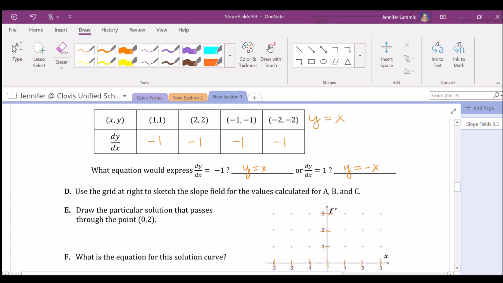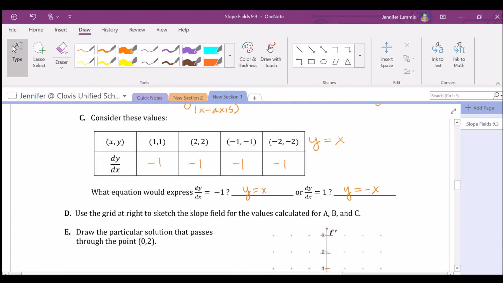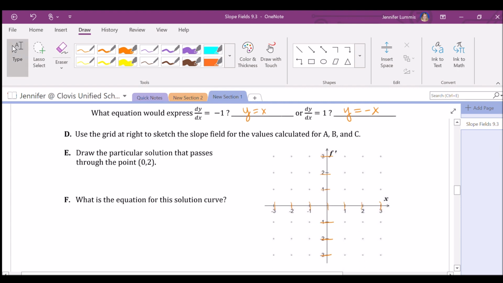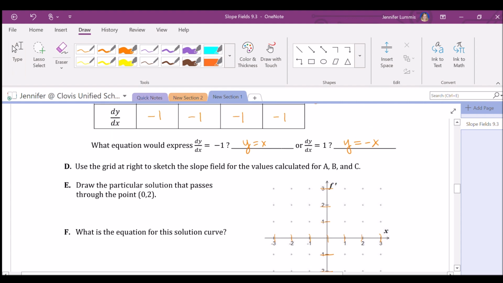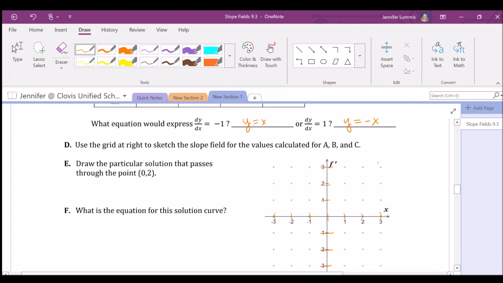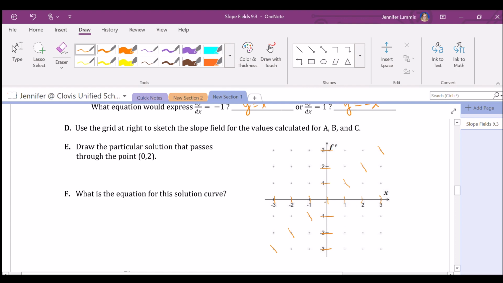Here we go. And then we've got y equals x. Here in quadrants 1 and 3, we're going to have a slope of -1. And then on y equals -x in quadrants 2 and 4, we'll have slopes of +1.